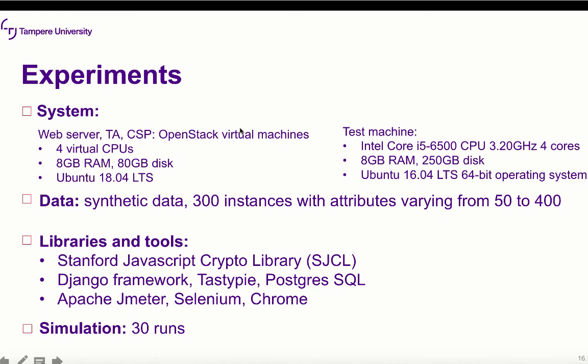We use the Django framework and TestDB to set up the web services and REST API services, and we use both REST-SQL for the database. And finally, we use JMeter with Selenium to generate automatic requests and measure time. For each request, we run it 30 times and calculate the average.